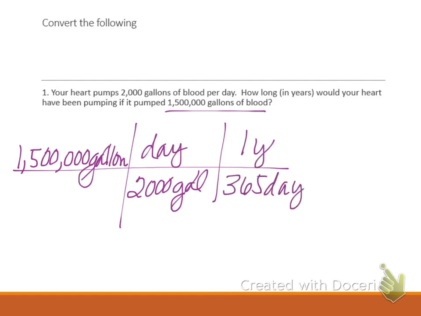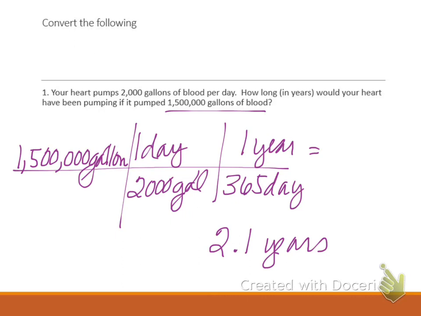Day per 1 year. So now you multiply the top, which is 1.5 million because it's 1 and 1, and then you would divide by 2,000 times 365. I would round that to 2.1 just because y'all don't know about sig figs yet. So I got 2.1, but 2.05 is what you got, Michael, would be the same thing as 2.1.